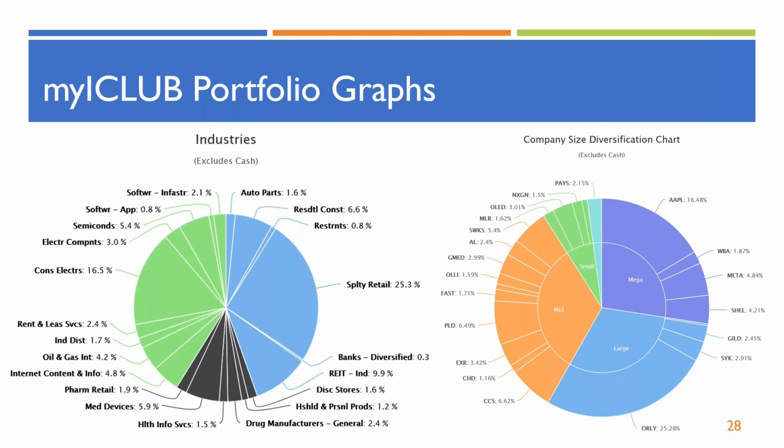The sensitive side, on the light green, sees an impact from recessions, but it's not as severe. And so you'll see here rental and leasing services, consumer electronics, electronic components, semiconductors, application software, et cetera. They may see a downtick in their businesses, but they are not what we would consider traditional cyclical companies.